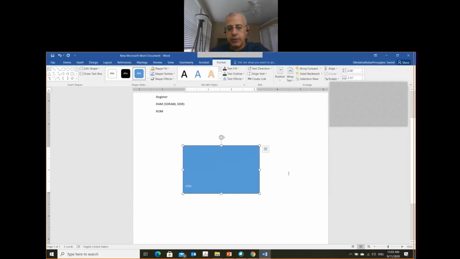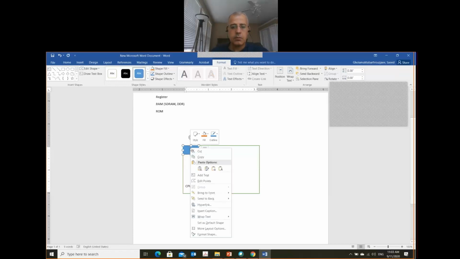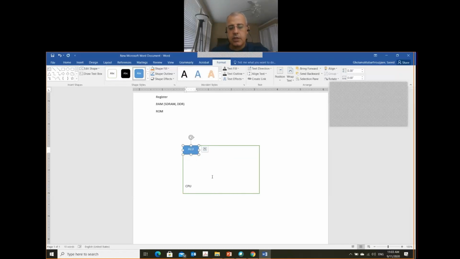One of the important elements in the CPU is the ALU, the arithmetic logic unit.